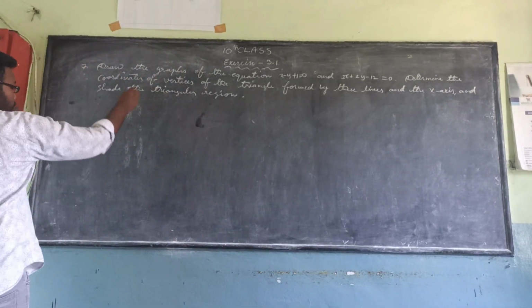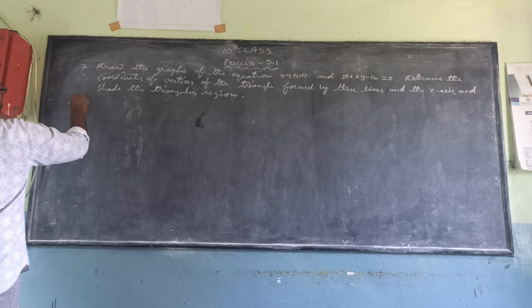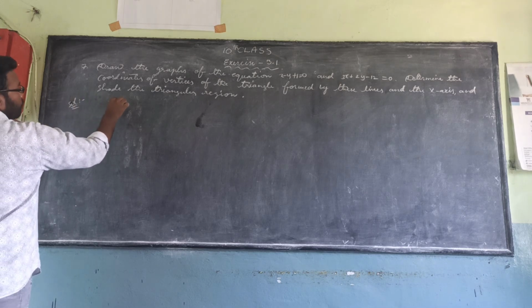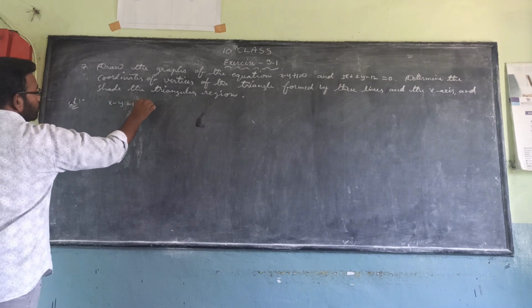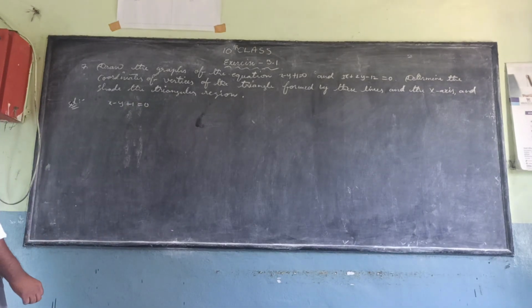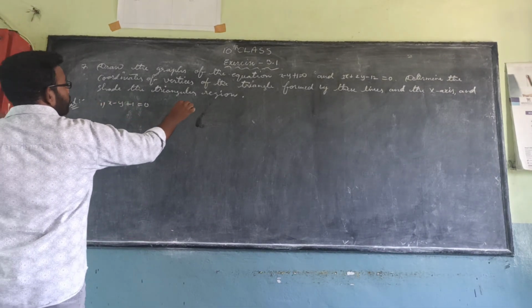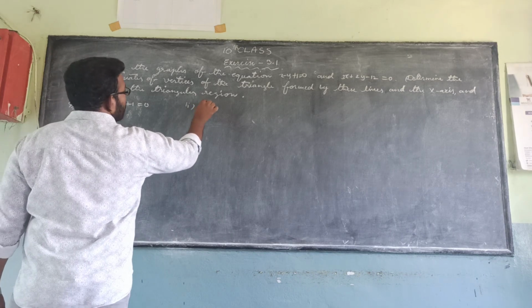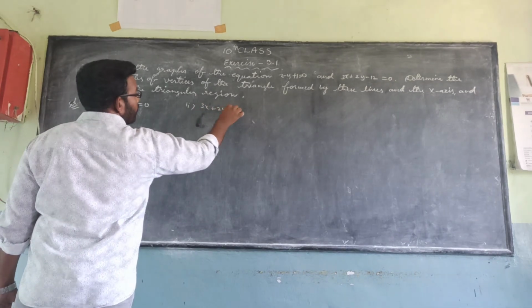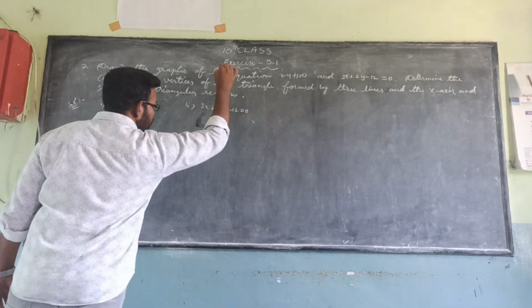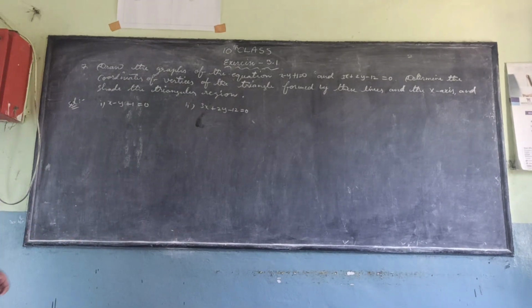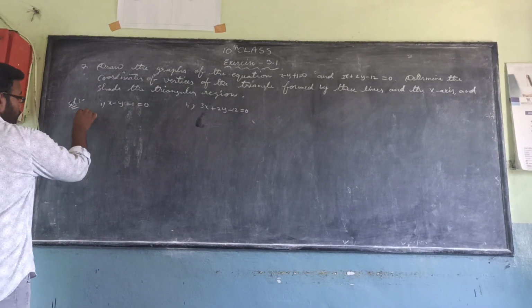So if you observe, first of all, the given equations are x minus y plus 1 is equal to 0, and the second one is 3x plus 2y minus 12 is equal to 0. So here we have to draw the tabular form first of all.